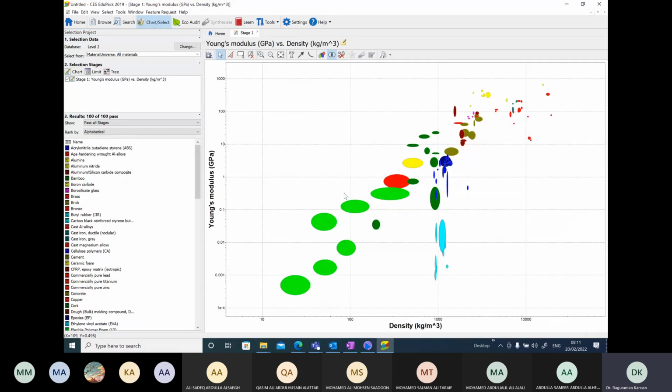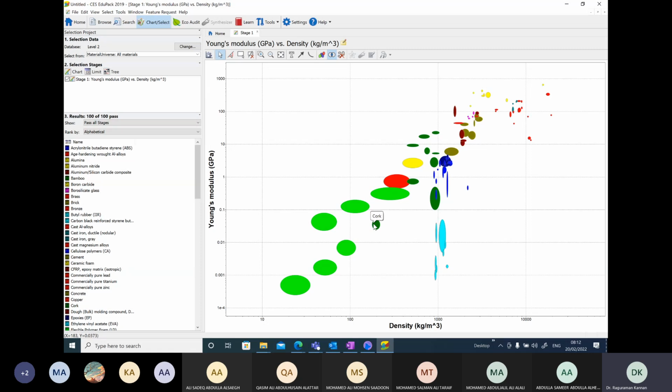So this is the graph I get. In your exams, I will create these graphs and provide them to you directly. All you need to do is use these graphs. But in the software, if I move my cursor over each bubble, it will tell you what kind of materials these are. So these are foams, and then we have flexible polymer foam. All these are foams.